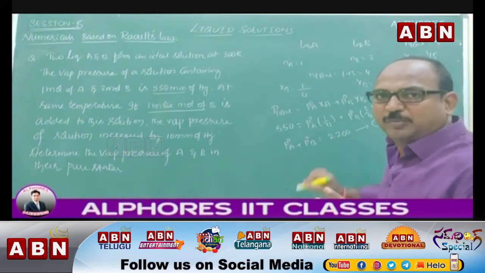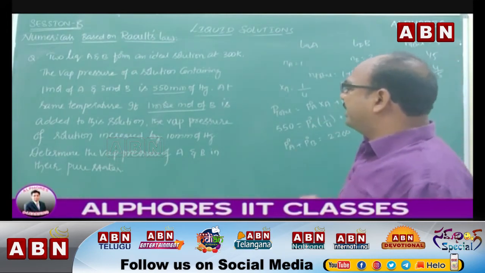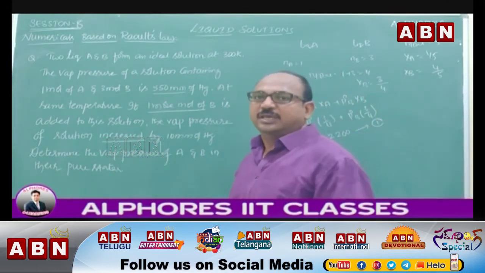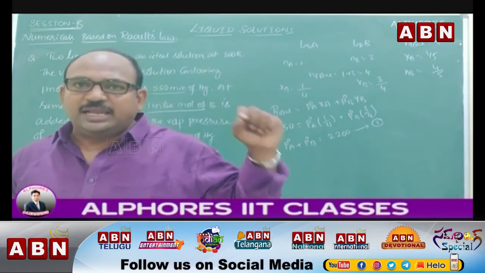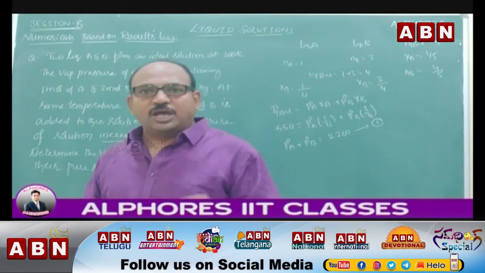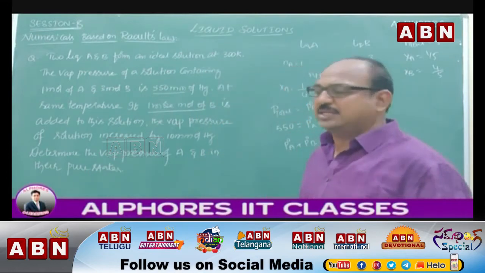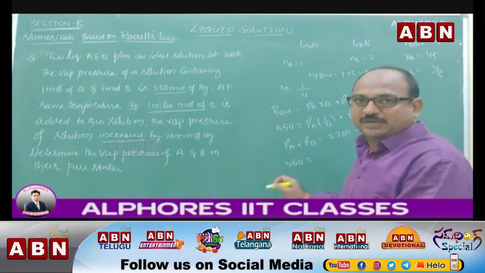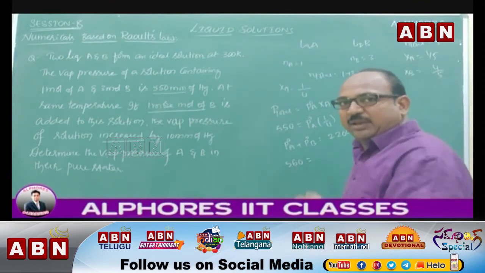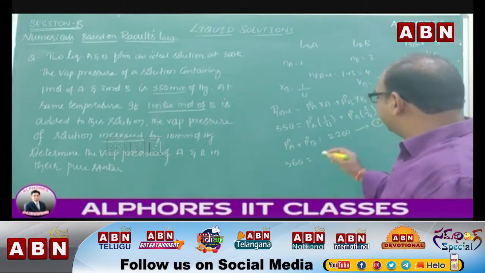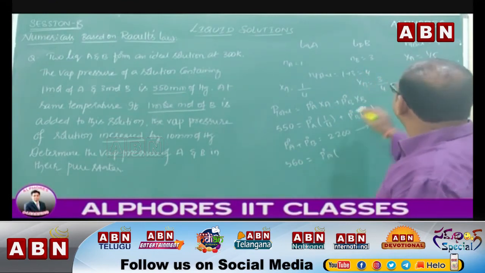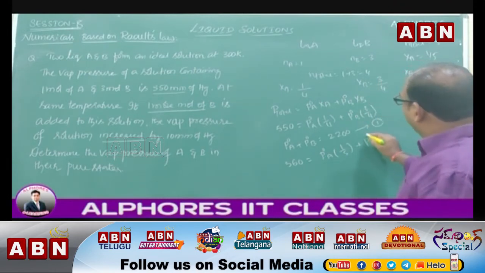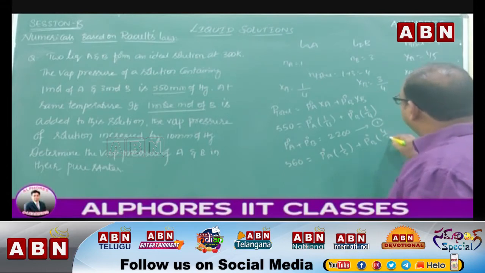P naught A, P naught B values are constant. In such a case, vapor pressure of the solution is increased by 10 mm of Hg. Earlier it was 550, now it is increased by 10 mm, so it becomes 560, which is equal to P naught A into mole fraction of A, 1 by 5, plus P naught B, here we don't know, into mole fraction of B, 4 by 5.